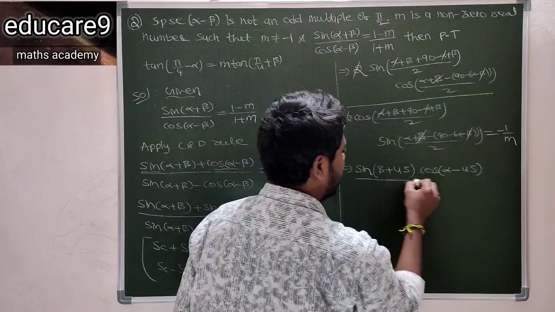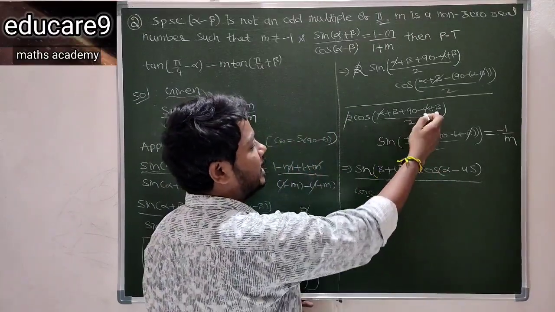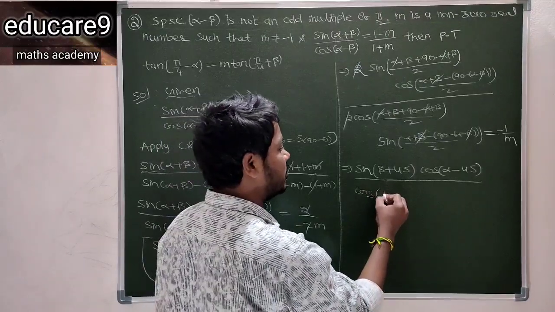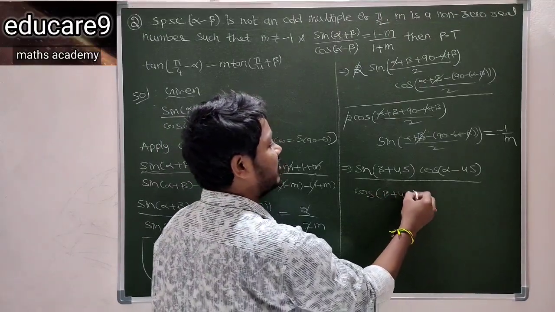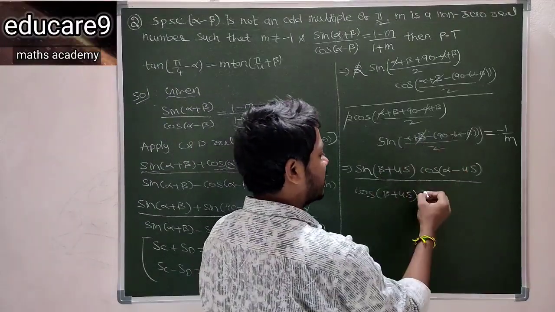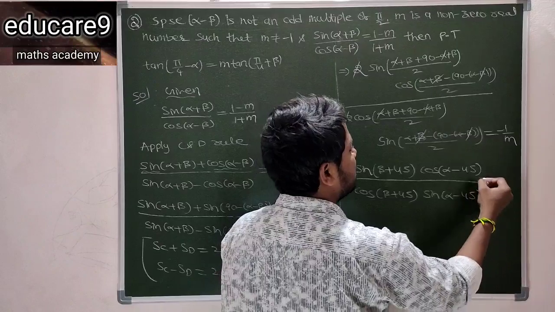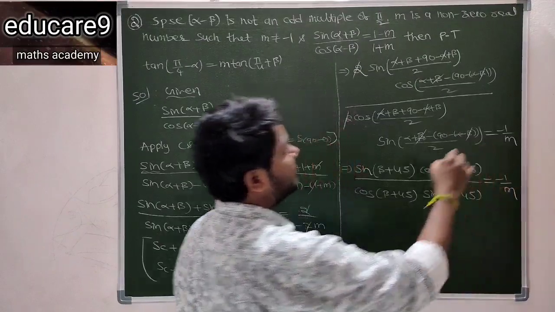So divided by cos of beta plus beta, 2 beta by 2, that is simply beta plus 45. And this one, alpha plus alpha, 2 alpha, so sin of alpha minus 45 is equal to minus 1 by m.